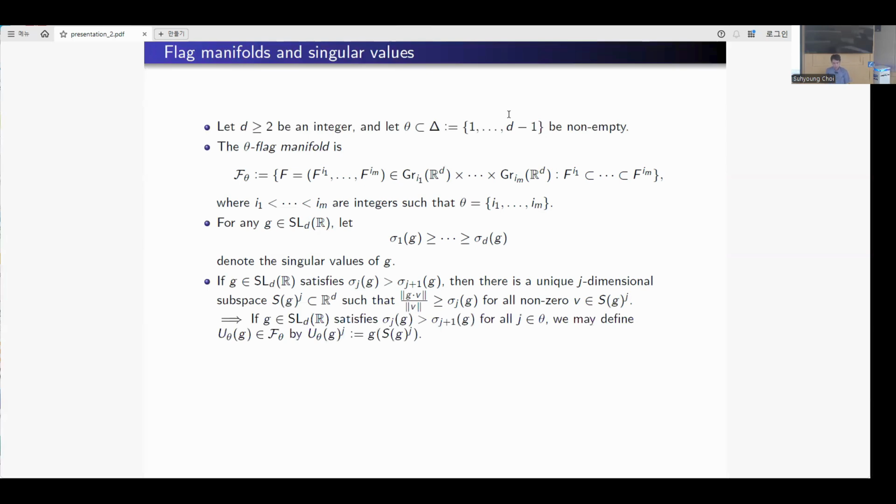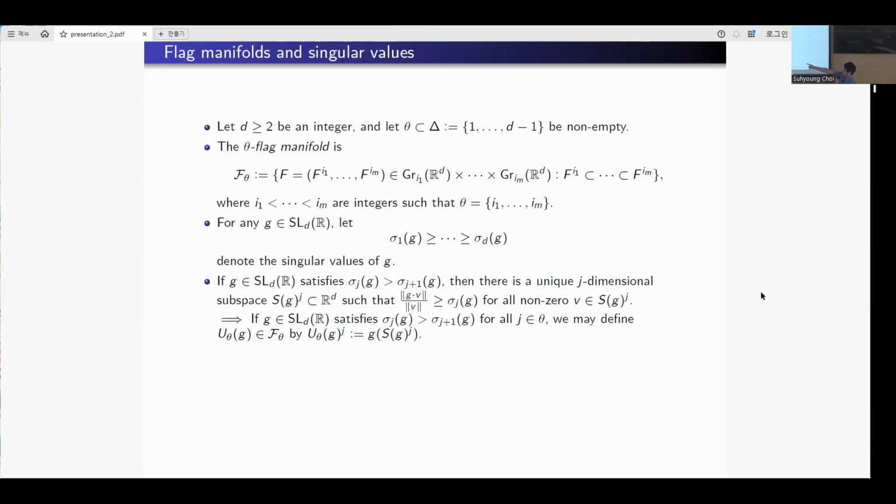Okay, so what's an implication of this? An implication is that if you take an element g in SL(d, R) with the property that the j-th singular value of g is strictly larger than the (j+1)-th singular value of g for every j in Theta, then you can associate to this element g a particular flag in F_Theta. And what is this flag? I'm going to denote it by U_Theta(g).